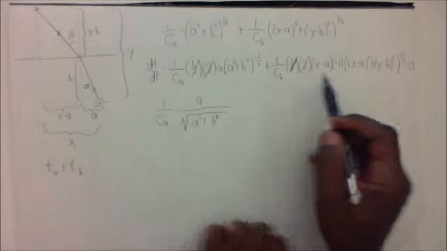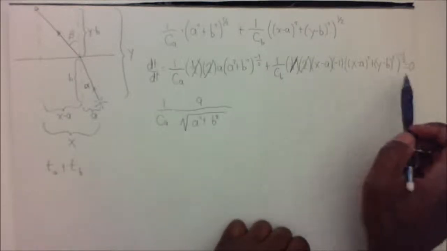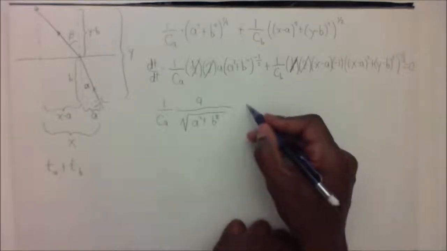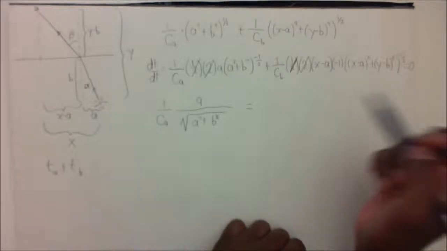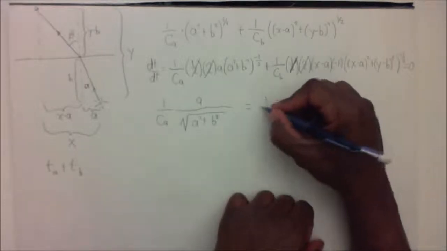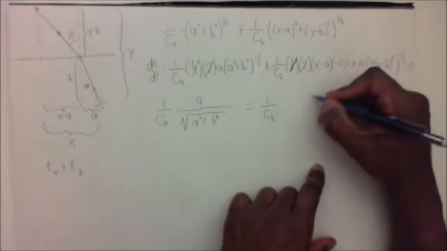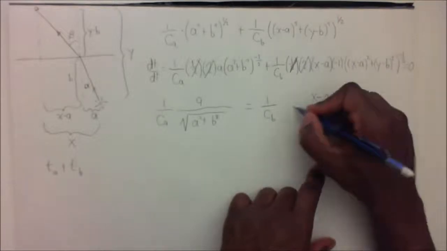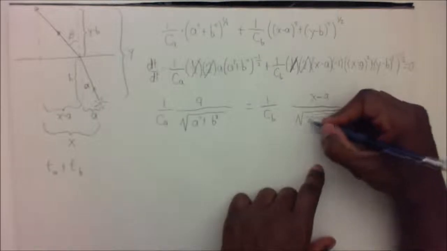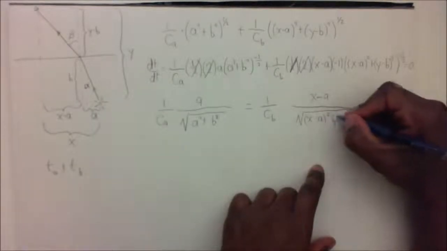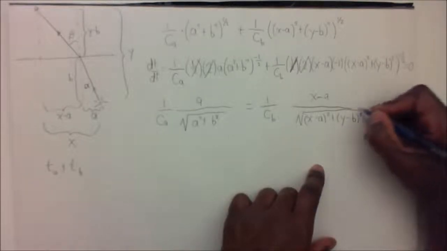Since this here is negative, I can either keep the negative and set it equal to 0, or I can simply put the whole thing on the other side of the equation and get rid of the negative 1. So it's going to be 1 over c sub b times x minus a over the square root of x minus a squared plus y minus b squared.